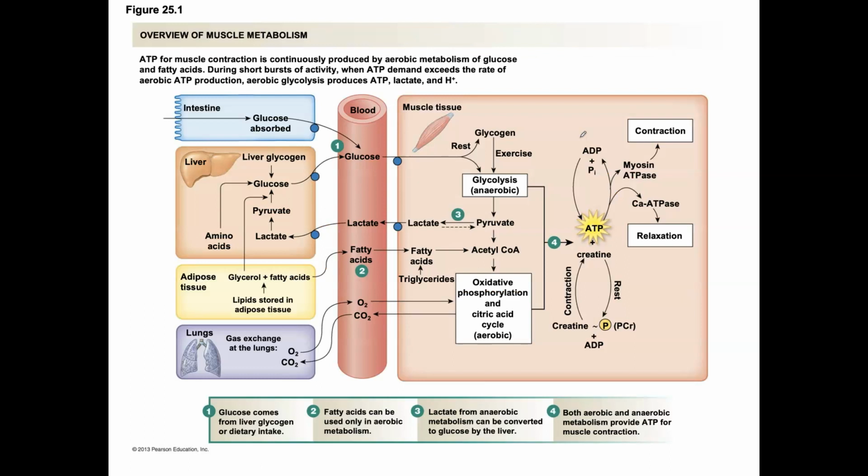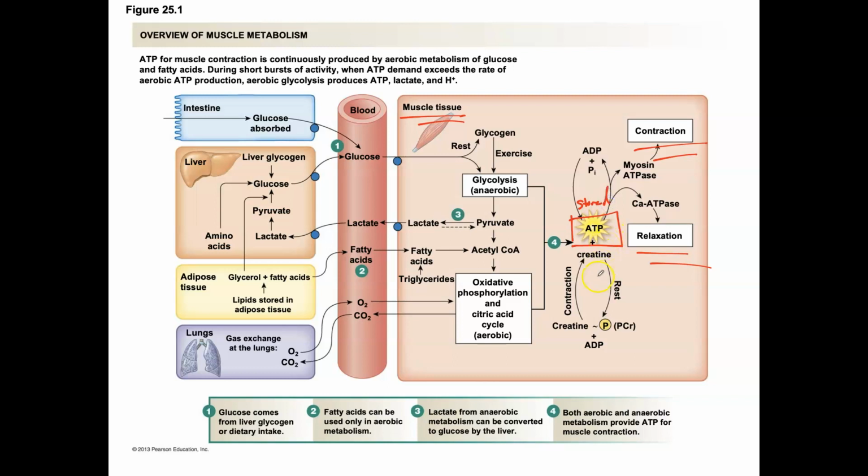I want to show you this other diagram because I think this is a nice diagram that's summarizing what I'm talking about. So muscle tissue needs ATP, right? We need a constant supply of ATP. We need that ATP when muscle's contracting. We need that ATP when muscle's relaxing. Some of that ATP is stored.